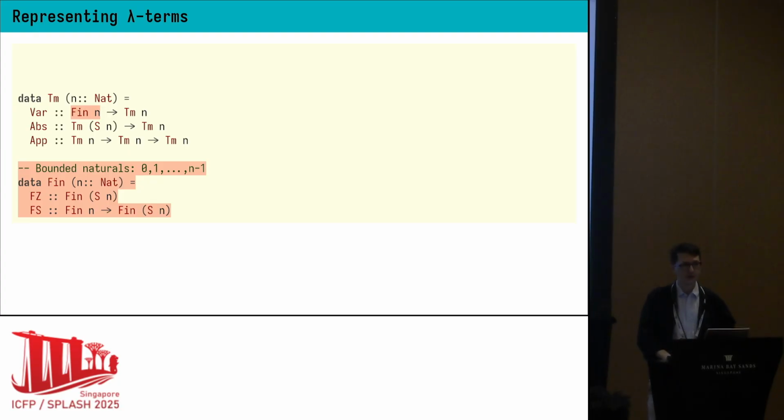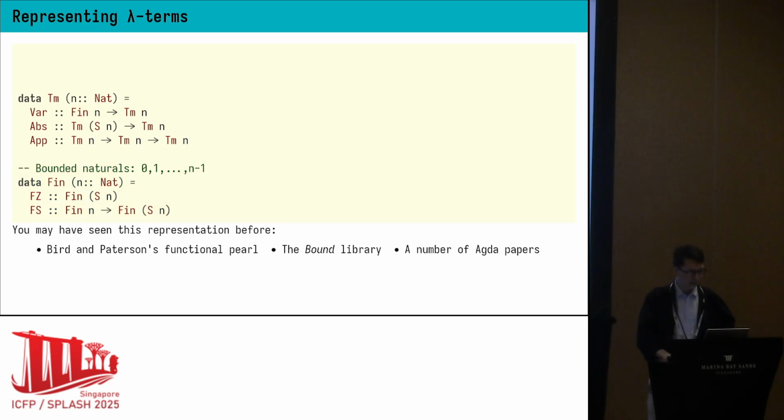This representation might seem familiar to some of you, and actually you might have seen it maybe in the Bird and Paterson functional pearl from this very same Haskell symposium, albeit a few decades back, in the Bound library, which is based on this same paper, or finally in a number of Agda papers which use similarly indexed representations.